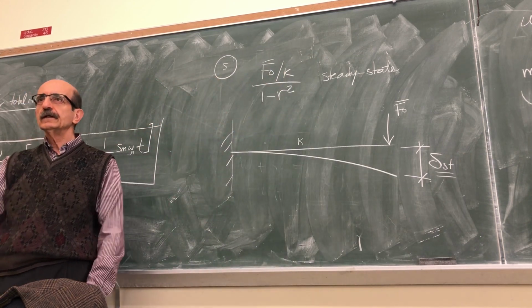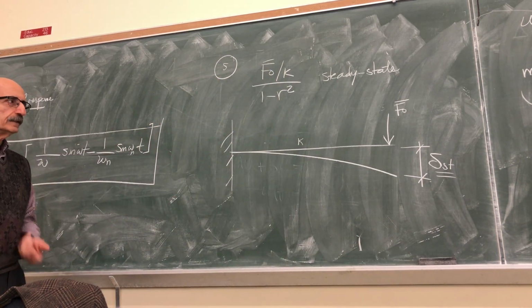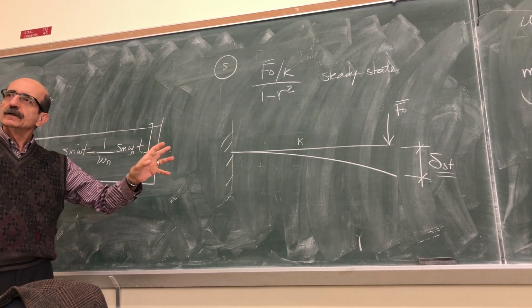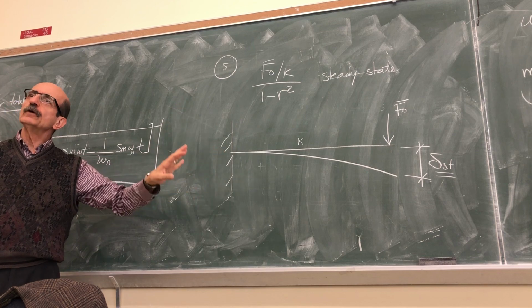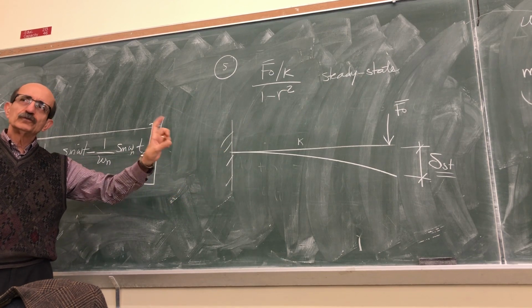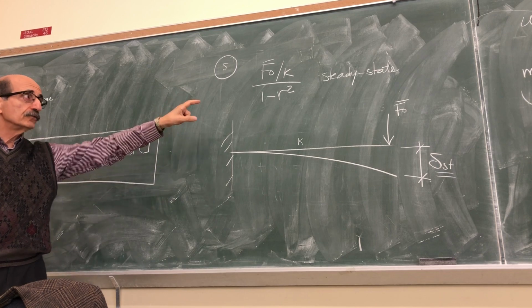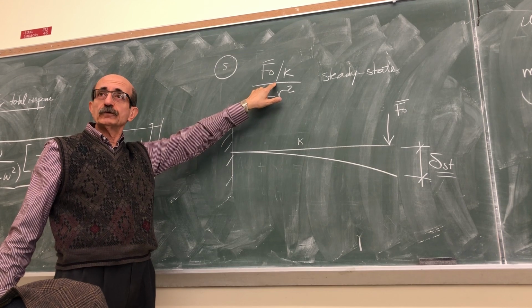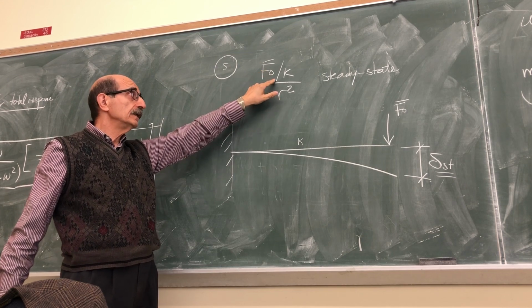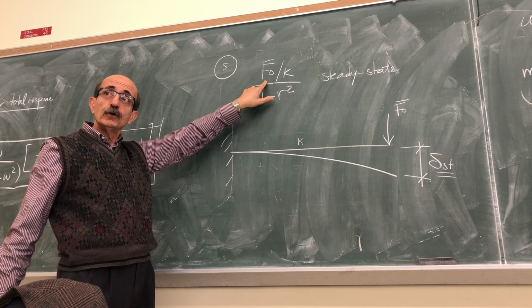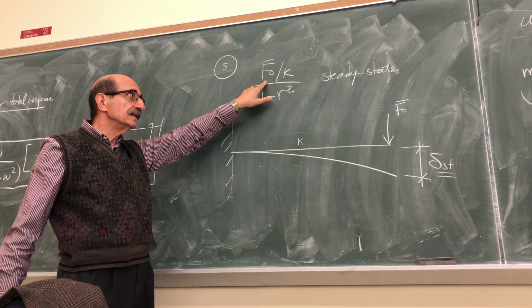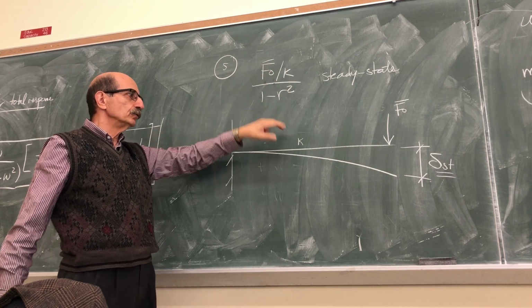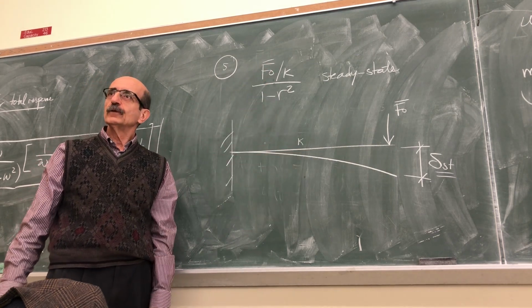So the numerator is the displacement of the system if the system was subjected to a force whose magnitude was equal to the amplitude of the forcing function. F0 bar is the amplitude of the forcing function. So if this forcing function was acting as a static force, it was not harmonic, had just this amplitude, that's what the displacement would be, right?